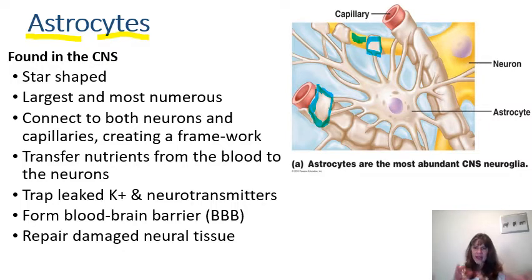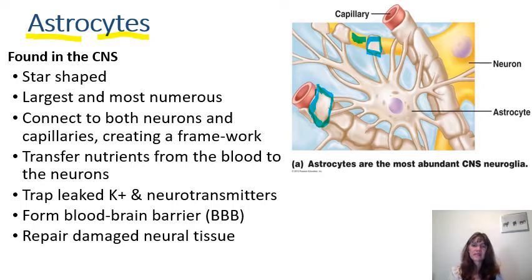In doing so, they act as a go-between or intermediary, because blood is toxic to neurons. If capillaries were to break inside the central nervous system, that would kill the neurons. That's what happens when someone has a hemorrhagic stroke: the bleeding from those capillaries kills neurons, damaging an area of the brain. So nutrients are transported and waste is transported by means of the astrocytes.